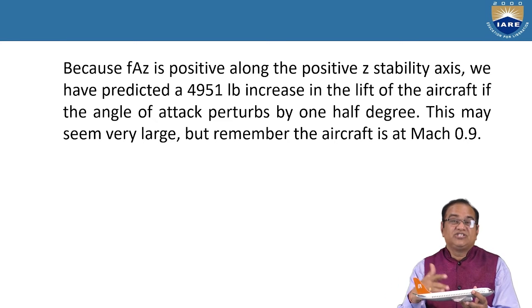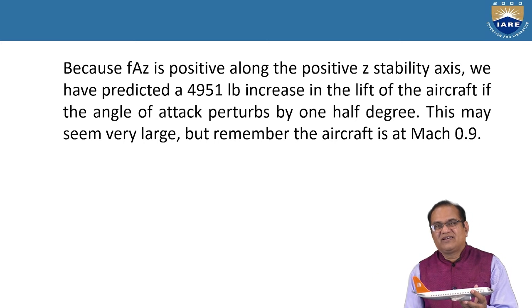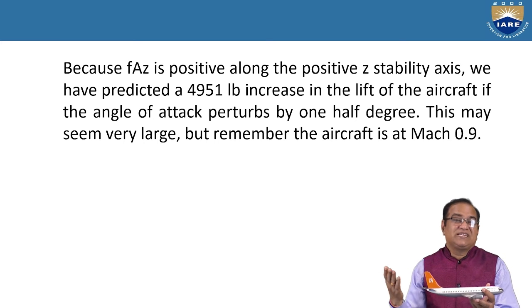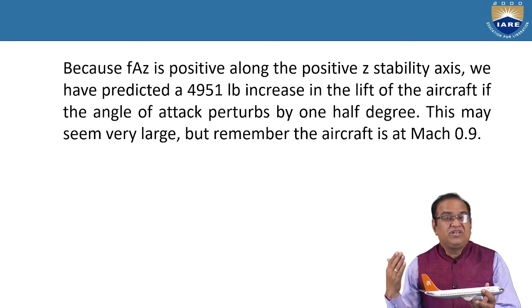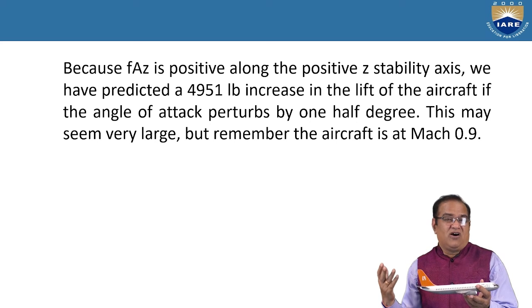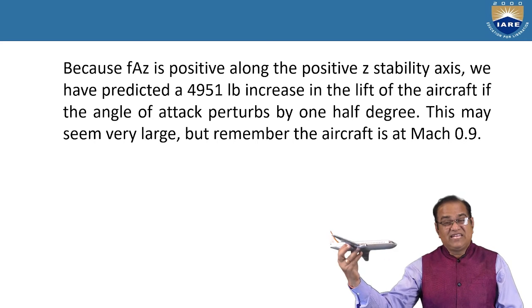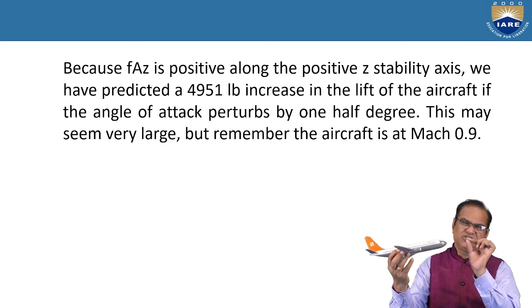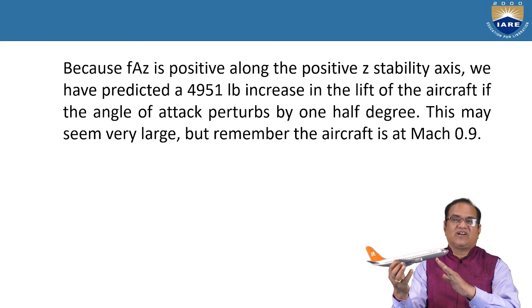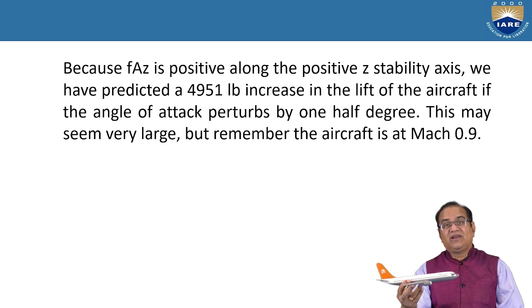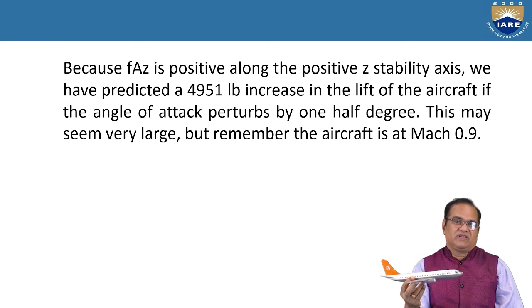Velocity is very high, 0.9 Mach, which is nearly 300 meters per second or nearly 1,000 kilometers per hour. The aircraft is flying at that speed. If you make a small 0.1 degree angle of attack, that much lift it will try to make upward.